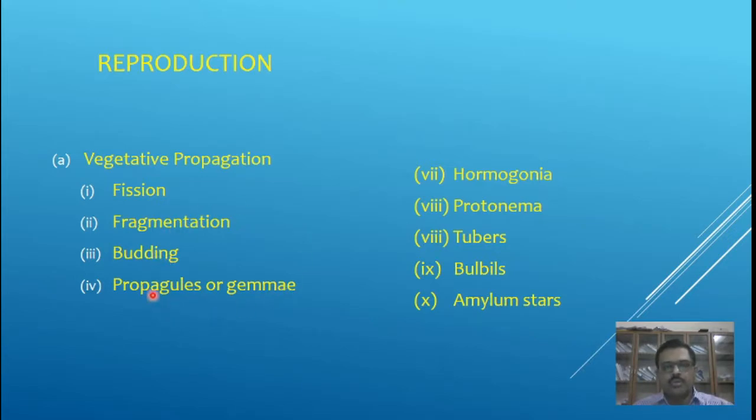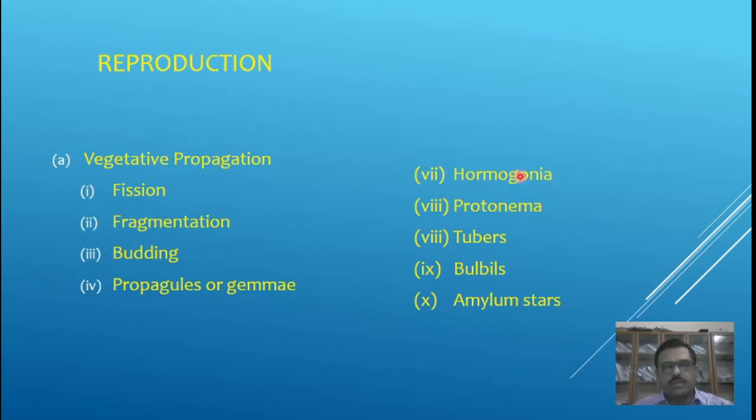We have propagules, which are structures that develop on algae and are released. They are also called gemmae. We find hormogonia in certain algae, where a few cells become separated from the algae.